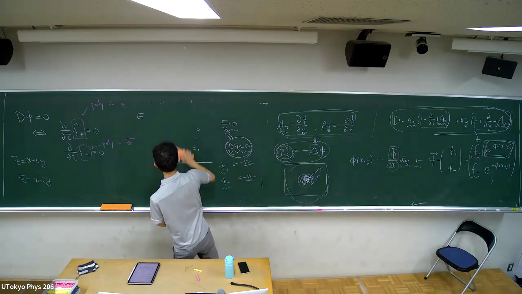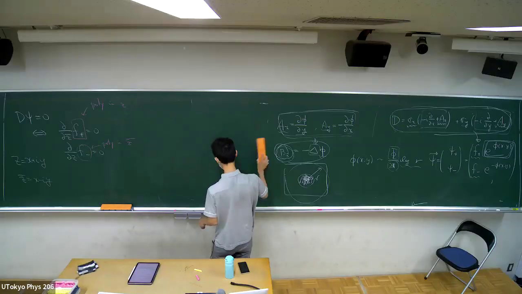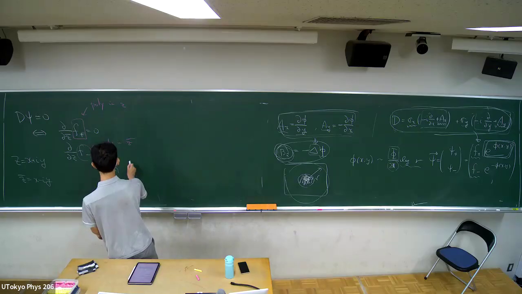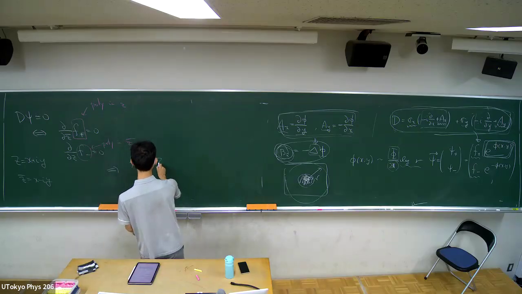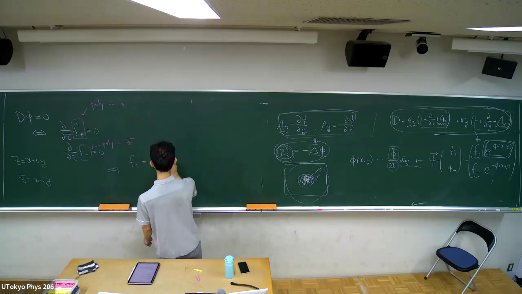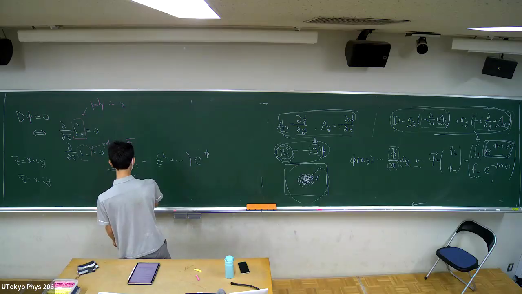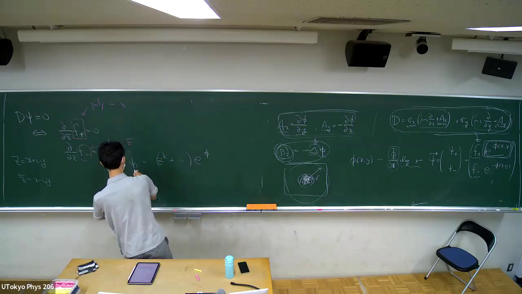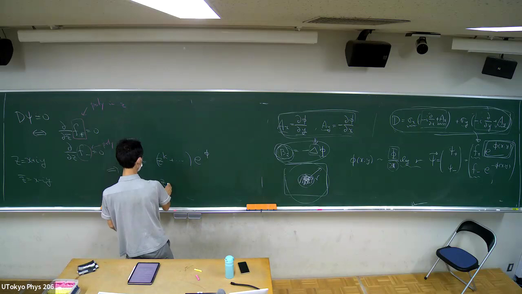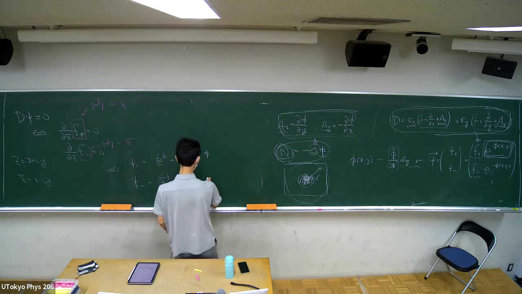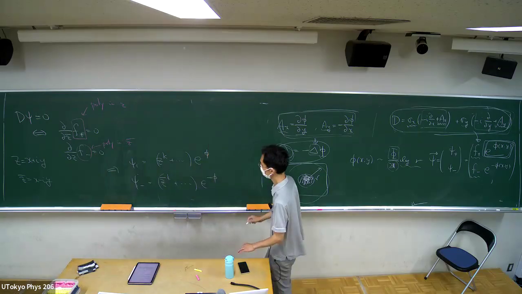So we are almost done. So f plus is something like z to some power k times exponential of phi, and f minus, sorry, so this is psi plus. Psi minus is z bar to the k times exponential of minus phi.